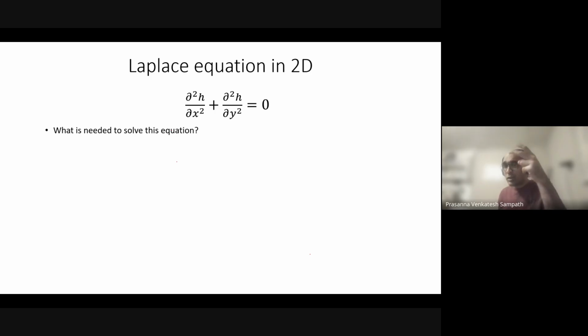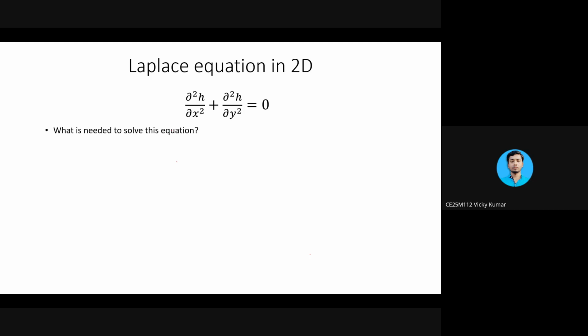It's a linear second order partial differential equation. What do I need to solve this? Because it's order 2. Yeah, Vicky, go ahead. Boundary condition needed, sir, to solve this equation.